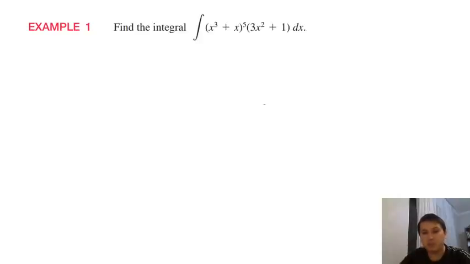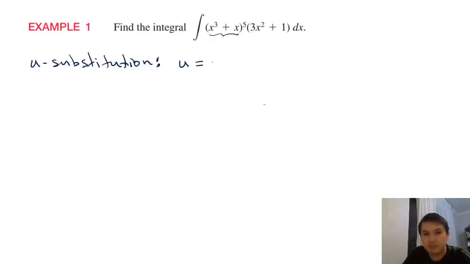But as you appreciate, that's much more complicated. So here is an easy way using substitution. We also call it u substitution. What can we do? We can, for example, take this x cubed plus x to be my u.